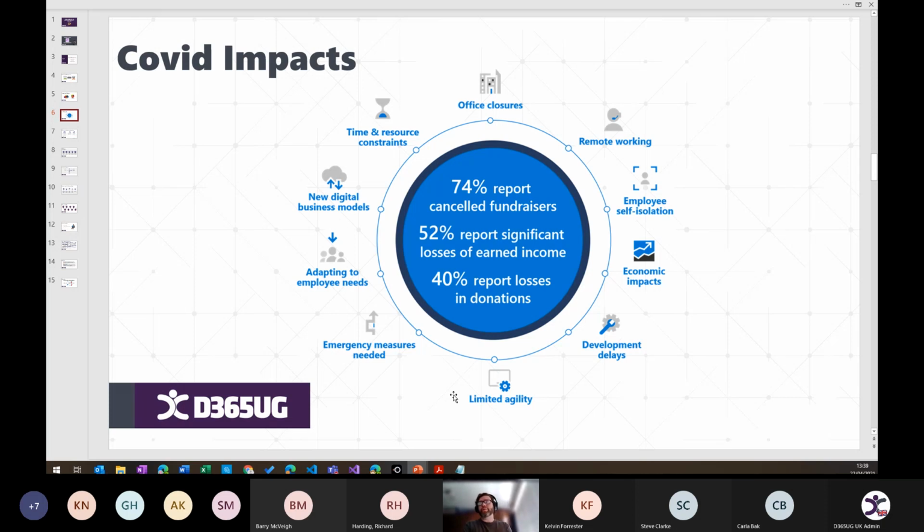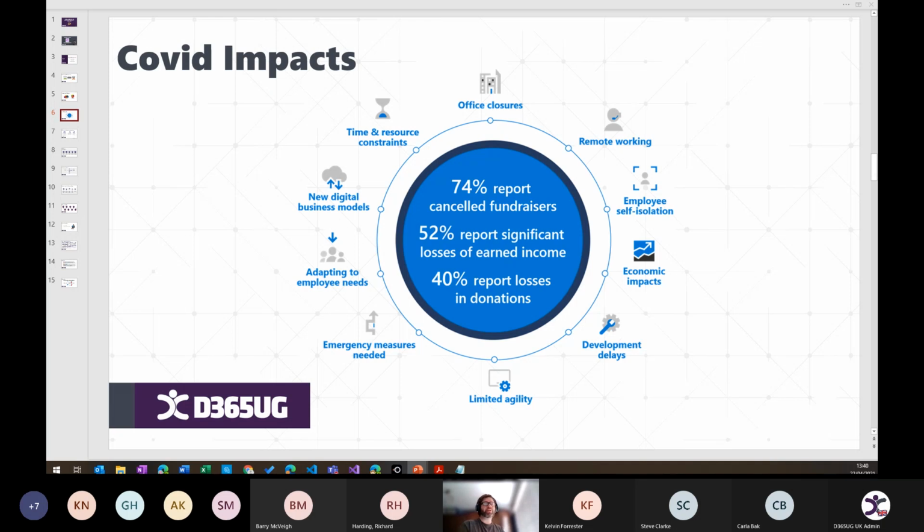A lot of them are pretty obvious, but you get the idea of how impacted non-profits were, especially charities. Literally overnight, everybody started working from home. There were a lot of economic impacts, with people either losing jobs or being furloughed, and that really impacted a lot of the donations that were happening.